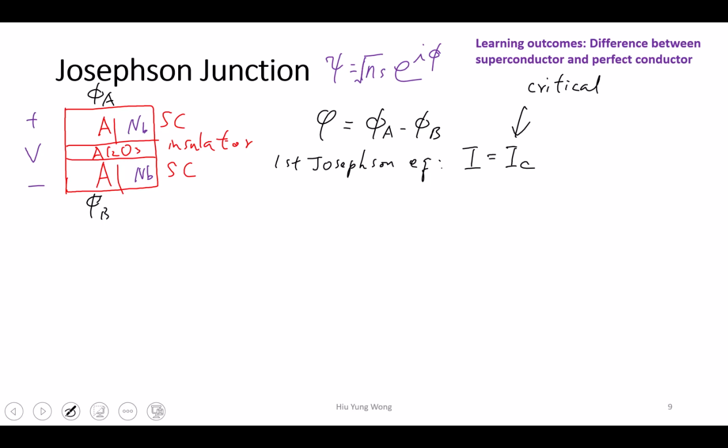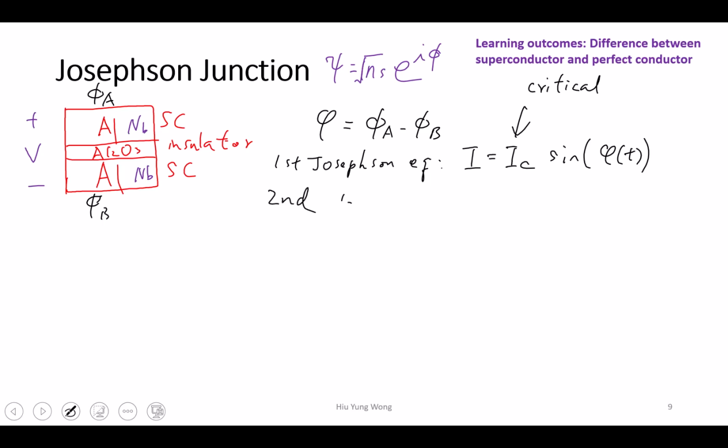So there's a maximum current. We just talked about a critical current density. For this device, correspondingly, there is a critical current, times sine of phi of t. You see, the current depends on the phase difference of the wave function, not the voltage across it.